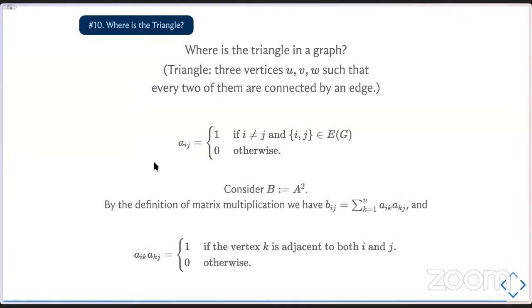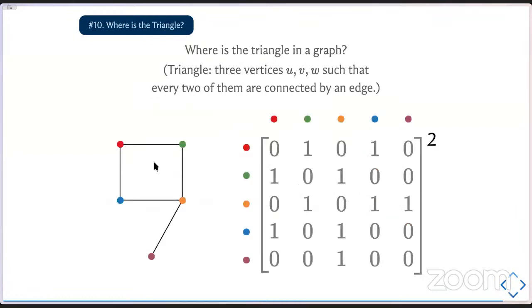So, okay, maybe this is a bit of a spoiler. If you look at A squared, how can you use the entries of A and A squared to detect a triangle? So if A squared ij is 1 or more, what does that mean?